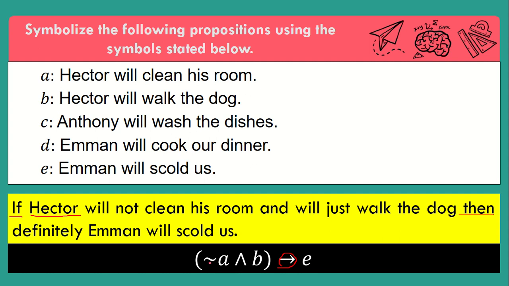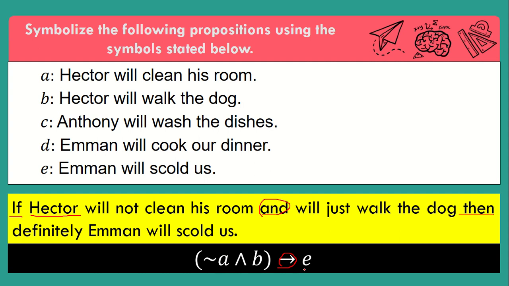Hector will not clean his room, so that's negation of A. We use the word and, so that's inverted V. He will just walk the dog, that is B. Then, definitely Emma will scold us. Our conclusion here is letter E. So therefore, the symbol for this is open parenthesis, negation A, inverted V, B, close parenthesis, one-headed arrow, E.